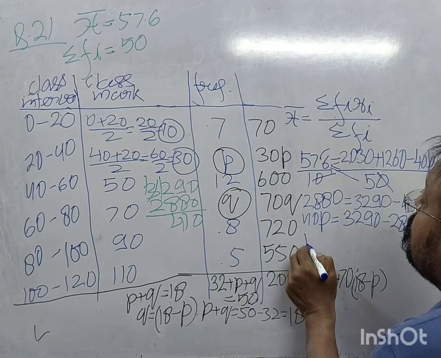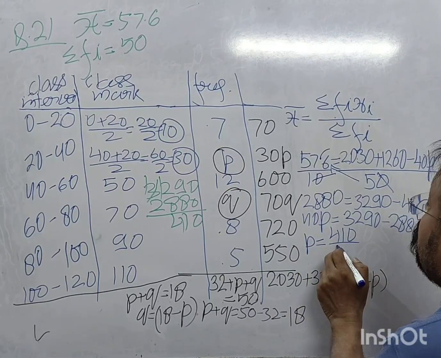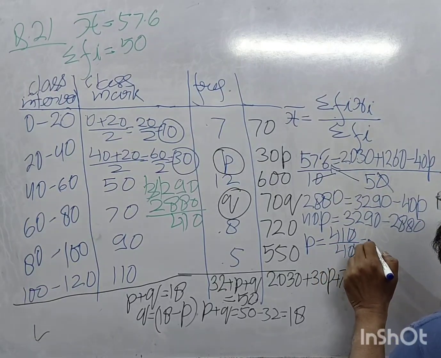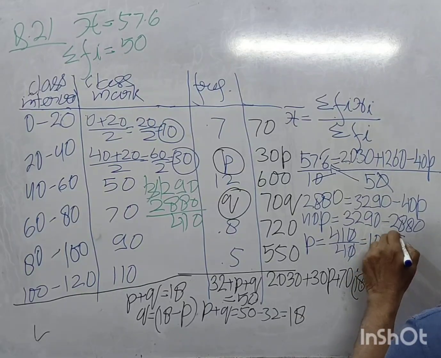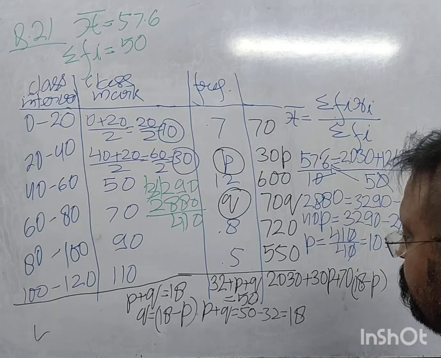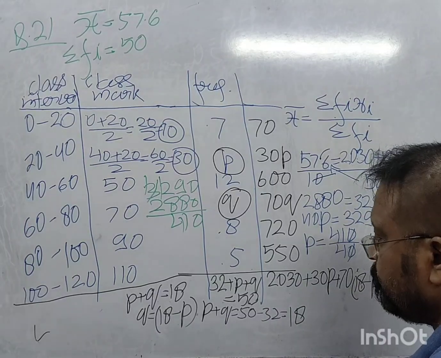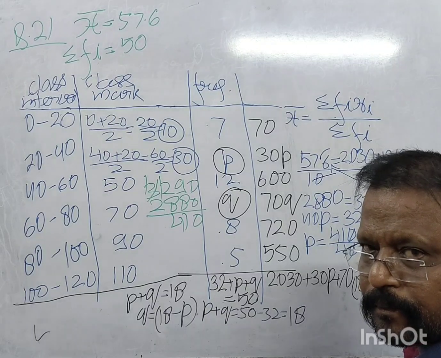So P is equal to 410 upon 40, which is 10.25. Then P is equal to 8, Q is equal to 10.